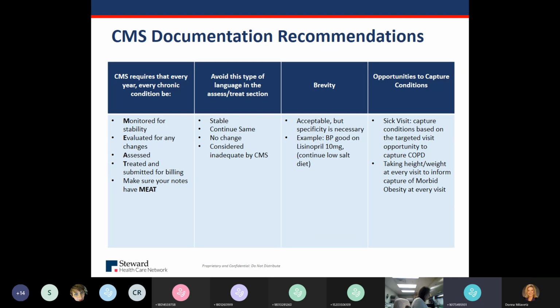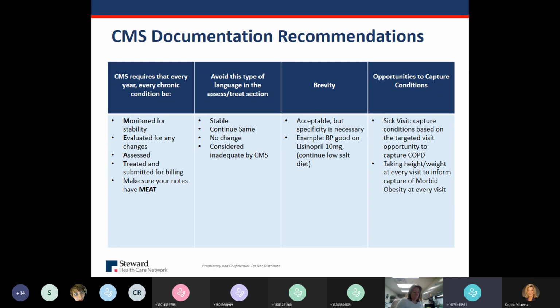We also want to make sure we're not just saying "stable," because we want to know what the continued treatment plan is. They want to know that it was assessed, but also that there is a treatment plan as well. Continuing same doesn't really tell us the same as what. We want to be able to know in that particular visit what the status is.